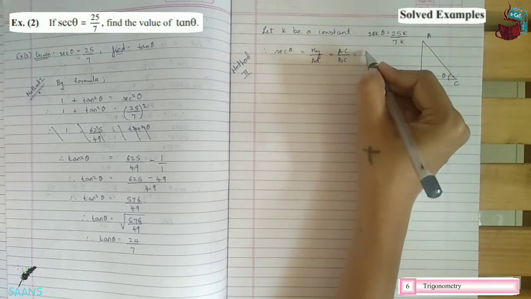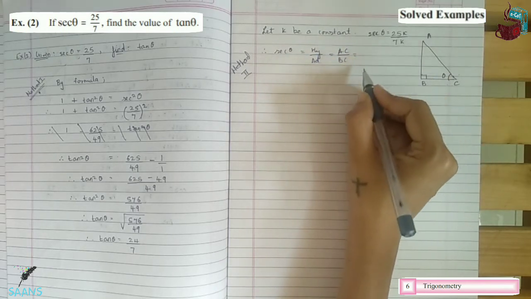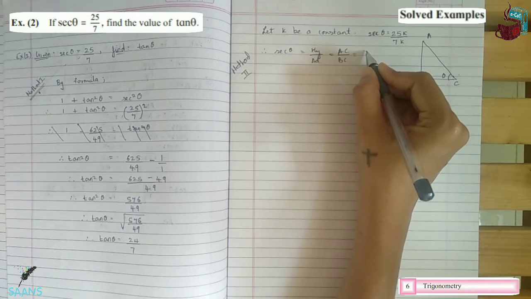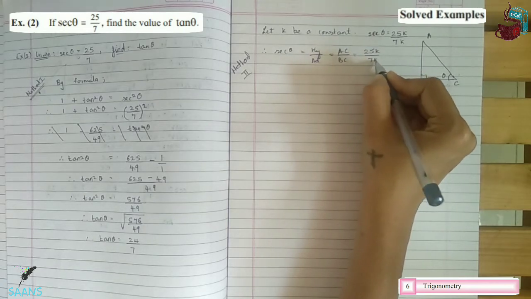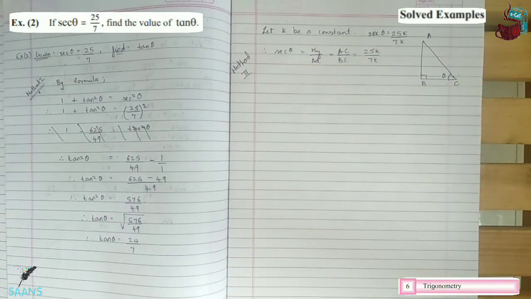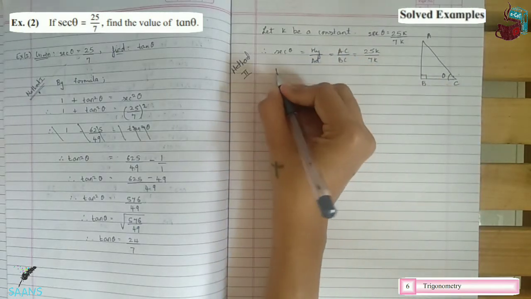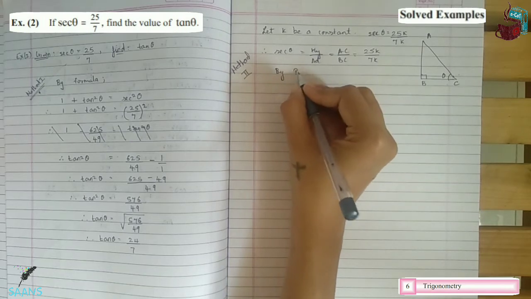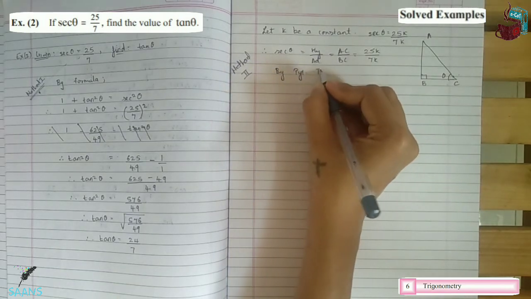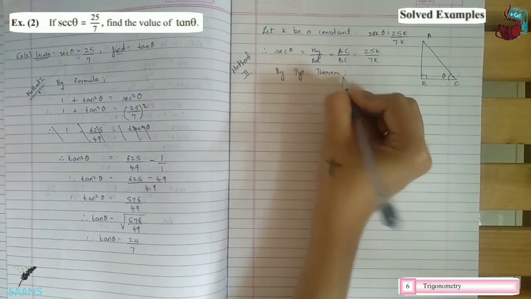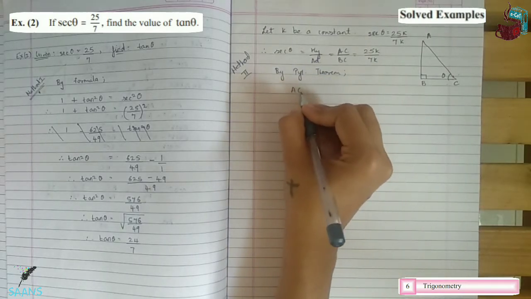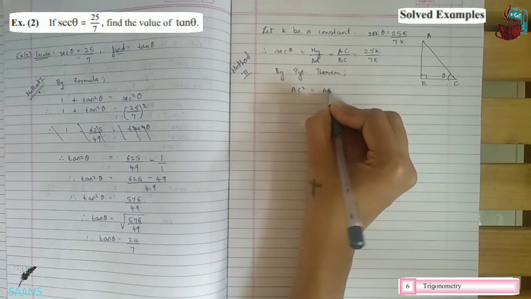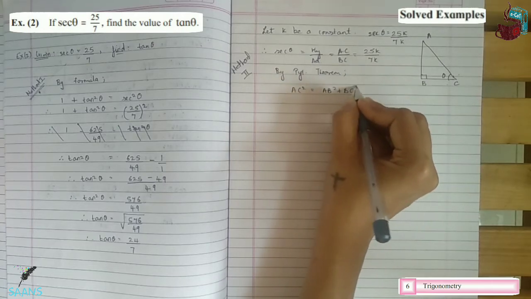Therefore, that is equal to hypotenuse 25k upon 7k. Now, next, we apply Pythagoras Theorem. AC square is equal to AB square plus BC square.